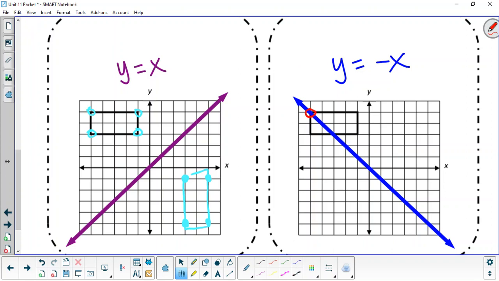Now, my first point here is on the line of reflection, so it's just going to stay there. And the second point goes diagonally through one box, so we go diagonally through the other side, plot it here. This point, diagonally 1, diagonally 2, so we go diagonally 1, diagonally 2. And my last point, diagonally 1, diagonally 1. And connect your new points.